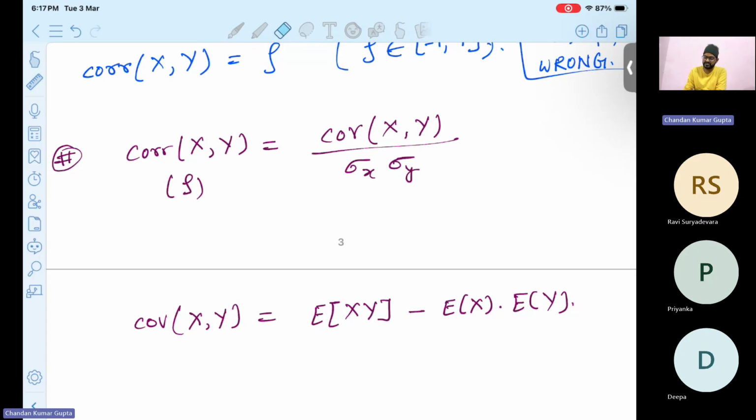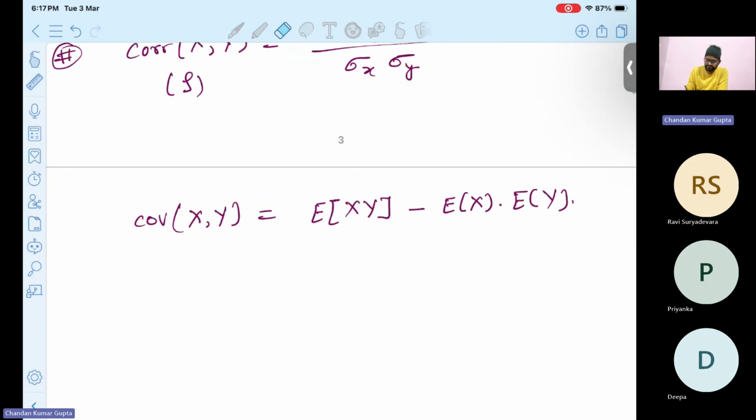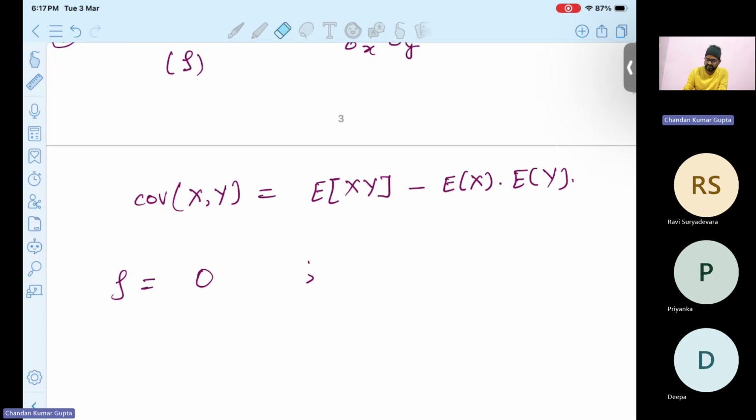Rho equal to +1 is perfectly positively correlated.